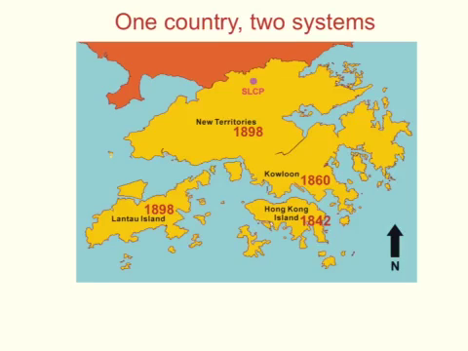That lease was to last for 99 years, and China wanted control of the colony back from the UK once that lease expired. The lease between China and the UK actually expired on July 1st, 1997, and that's when China regained control of Hong Kong.